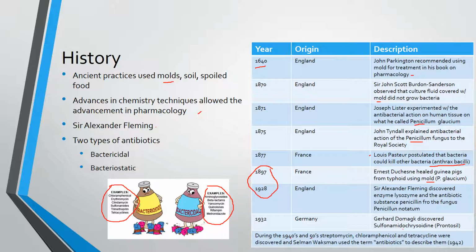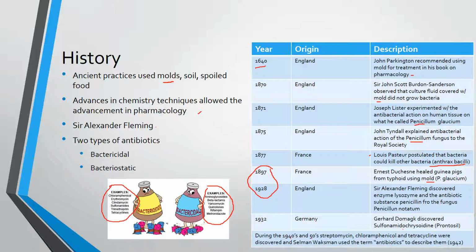Historically, obviously, humankind has dealt with infections of all sorts since there have been humans. So the mechanisms that we've had to treat them, even though there are lots of different ways historically in different cultures, if you really look closely at them, they all have a couple of things in common. And the biggest thing that they have in common are the molds.